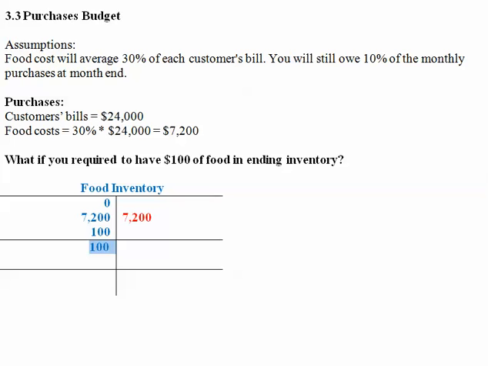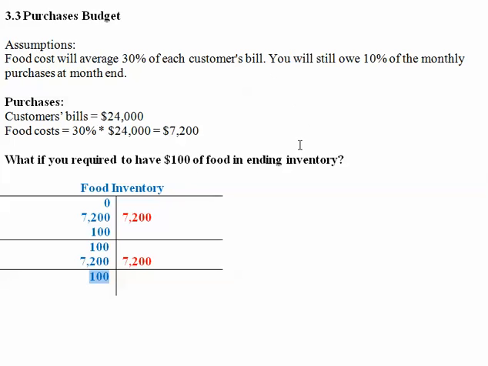Then we get to July, we buy another 7,200, we sell another 7,200, and our ending inventory will still be that 100. So the amount of purchases in July is only 7,200, not 7,300 like it was in June. And this will be the case for all subsequent months until they actually close their business.